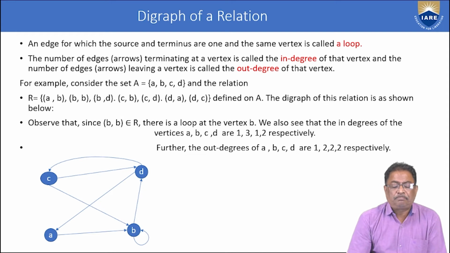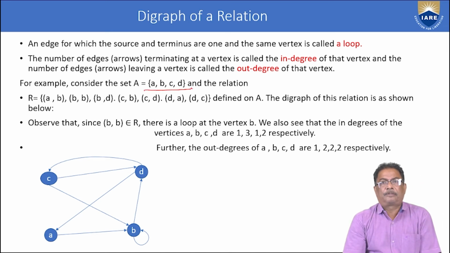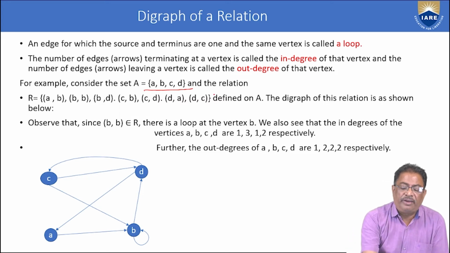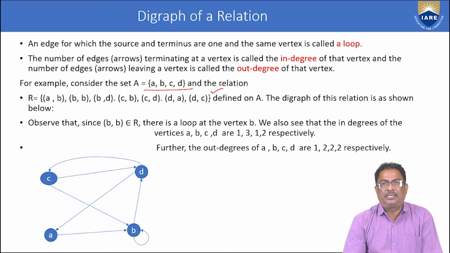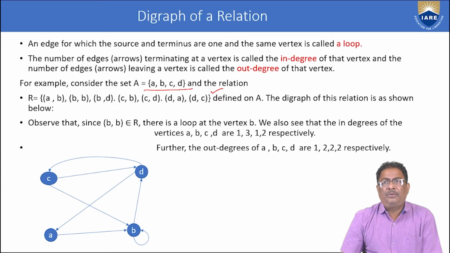Let us consider drawing a digraph of one relation. A is a set and the relation is defined already. We are just going to take some relation. We don't know what the relation between the elements of A is, and we are going to define one.